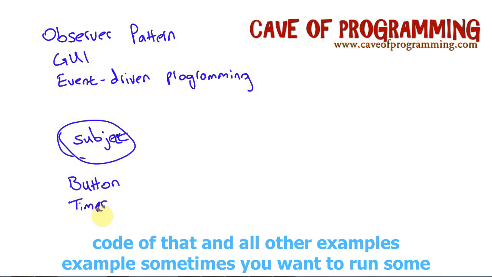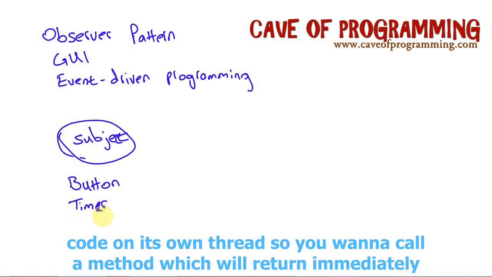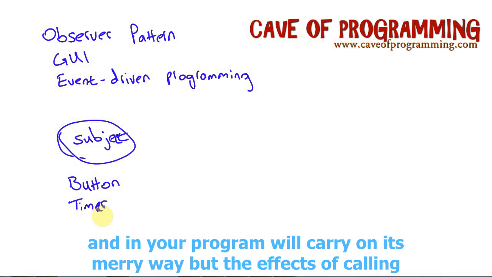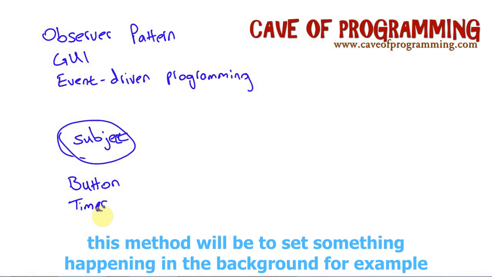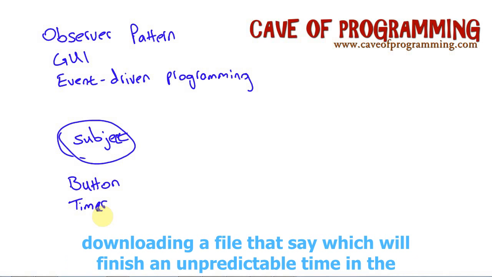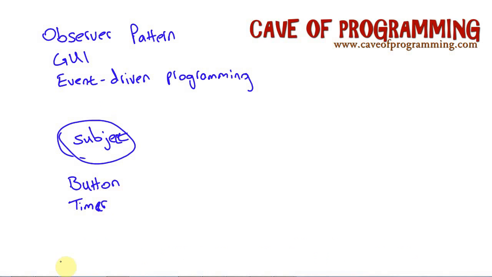And there are other examples. For example, sometimes you want to run some code on its own thread, so you want to call a method which will return immediately, and then your program will carry on its merry way. But the effect of calling that method will be to set something happening in the background, for example downloading a file, let's say, which will finish at an unpredictable time in the future.